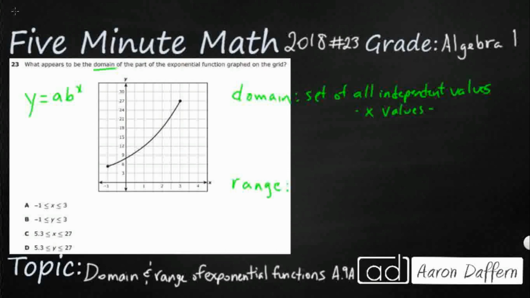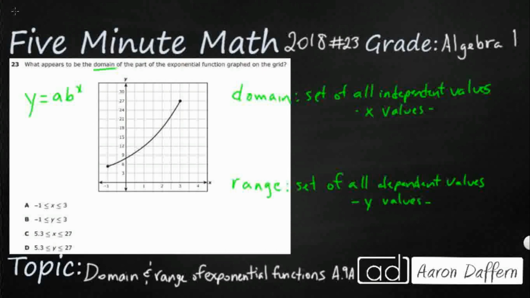So our range, then, if the x is the set of all independent variable values, the range is the set of all possible dependent variable values. Our shorthand for this is a little bit more complicated. We can say those are the y values.